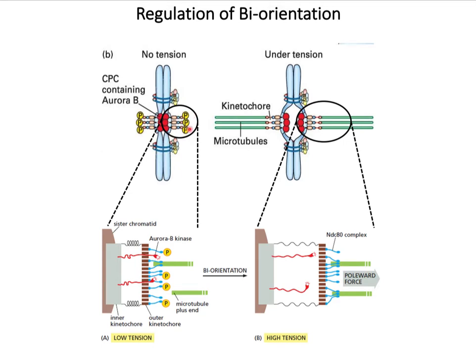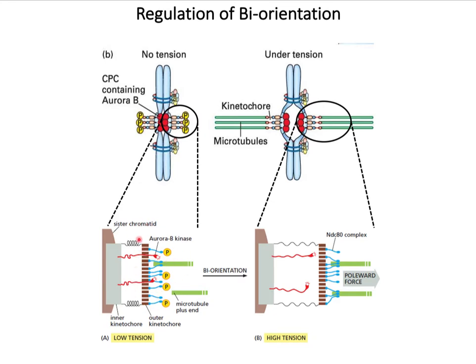So what happens is that the CPC associates with the inner kinetochore early in mitosis, and the Aurora B kinase, shown here in the red in the CPC complex, is sitting right here at the kinetochore region and is able to phosphorylate many of the proteins in the inner kinetochore and the outer kinetochore. It can phosphorylate the NDC80 complex, and when that happens, the association of the microtubule and this region is quite weak, or there is no or little tension.